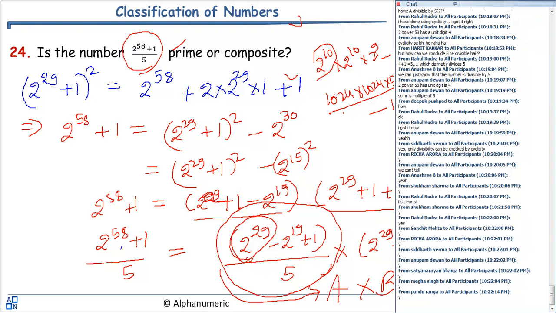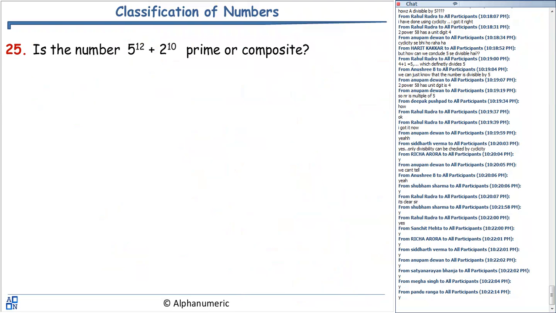Now let's move to question number 25. Solve this one, all of you. Now you know the method. What should be the approach for identifying whether the number is a prime or a composite number?